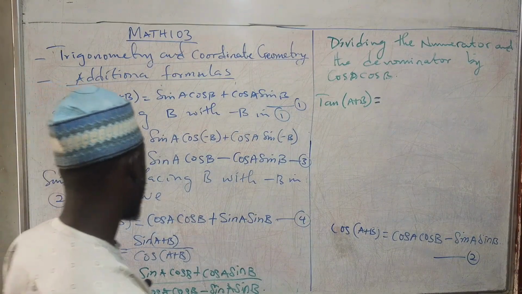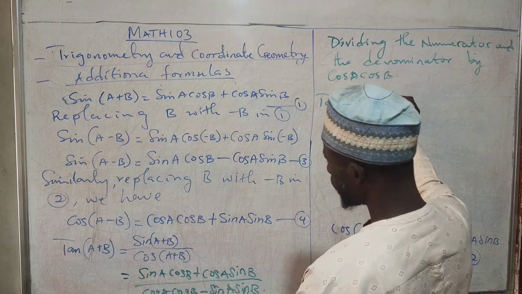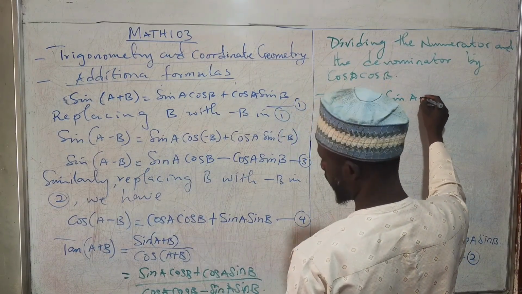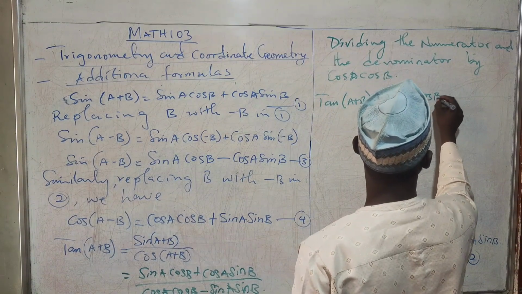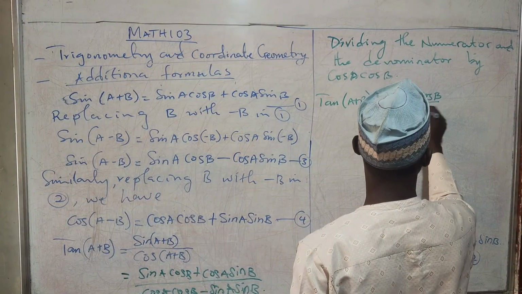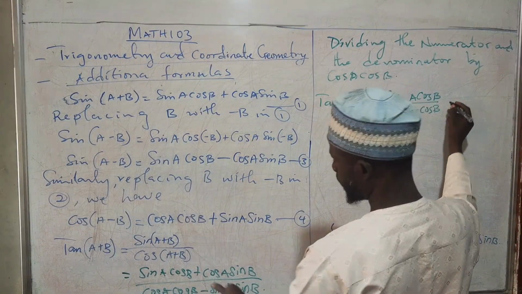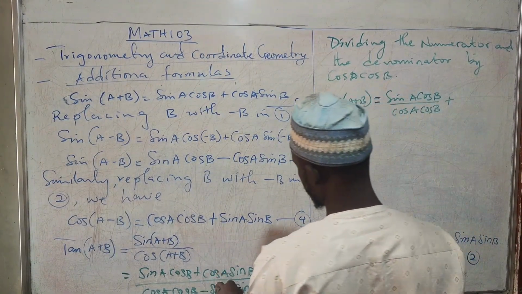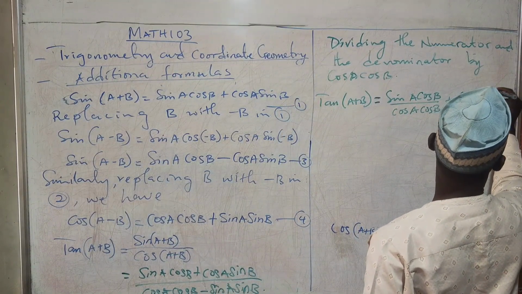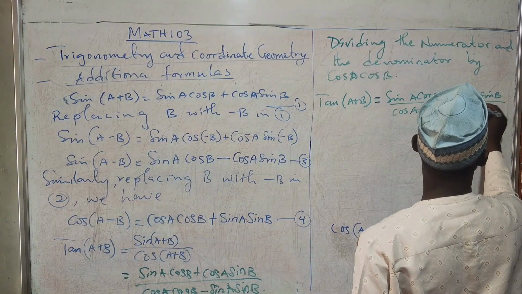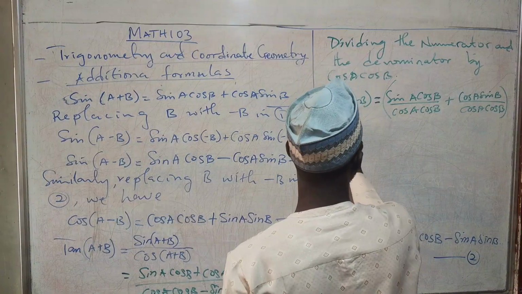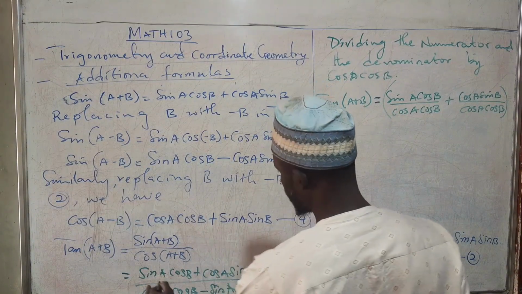So you have sine A cos B over cos A cos B plus cos A sine B over cos A cos B. This is the numerator, and I have division for this division line.